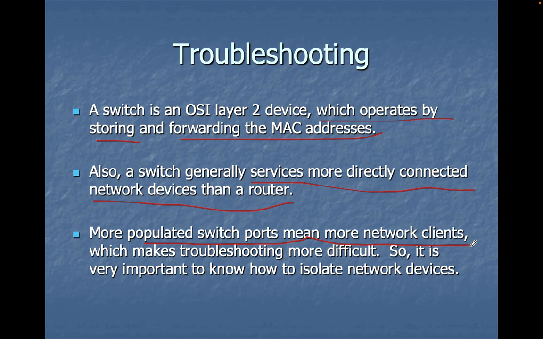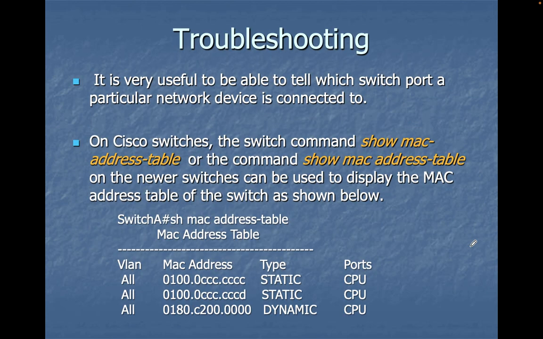But for a small campus or small office, not all the ports are used; maybe only one or two. For a very large campus, most of the switch ports are used, so troubleshooting is a bigger problem because every port on the switch is occupied. You have to troubleshoot every detail, every port. So it's very important to know how to isolate network devices, because it's a big network when all the ports are engaged.